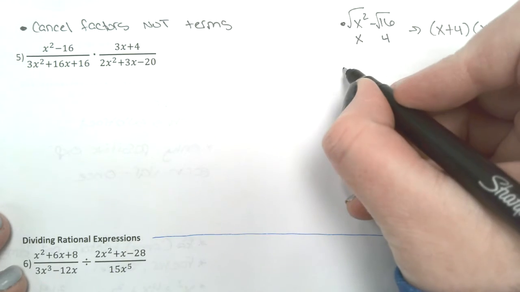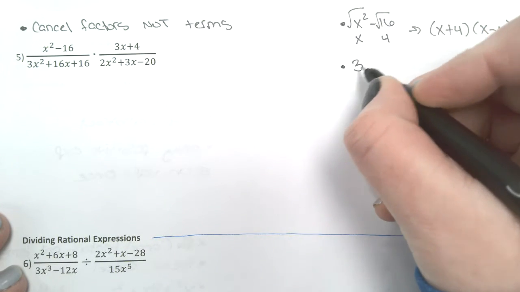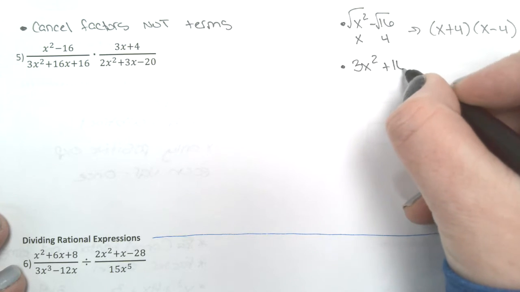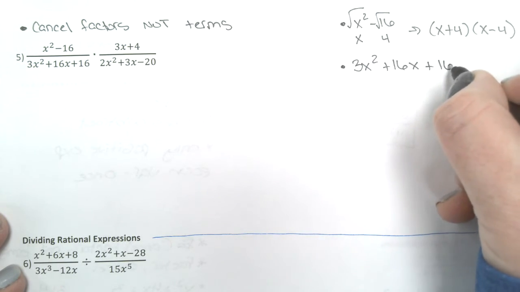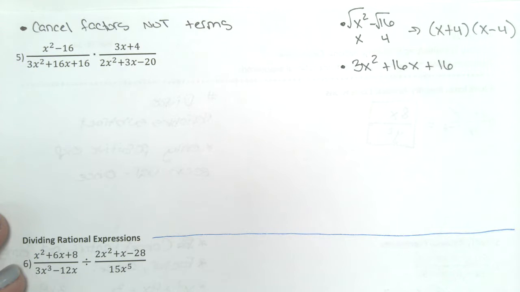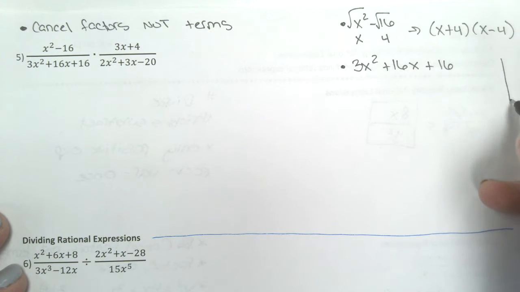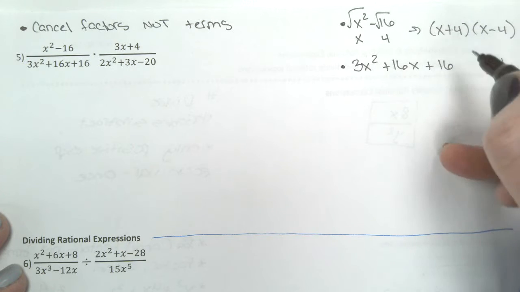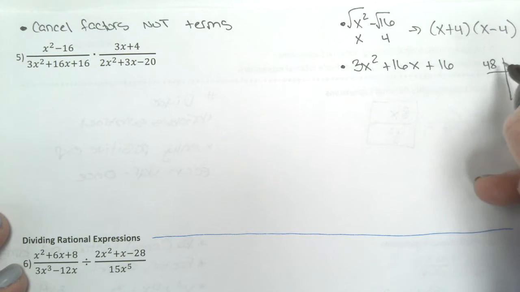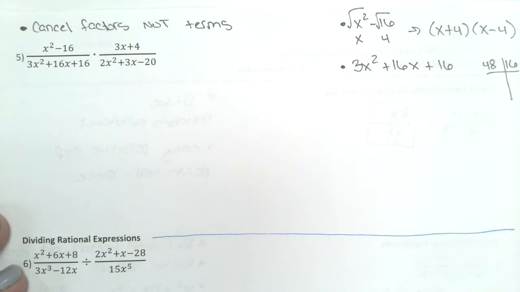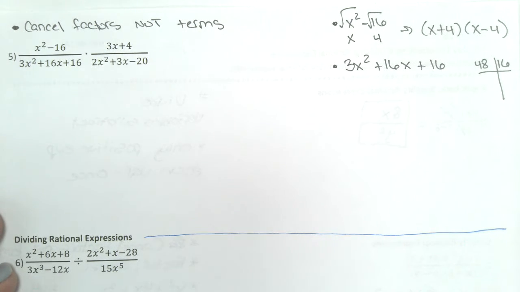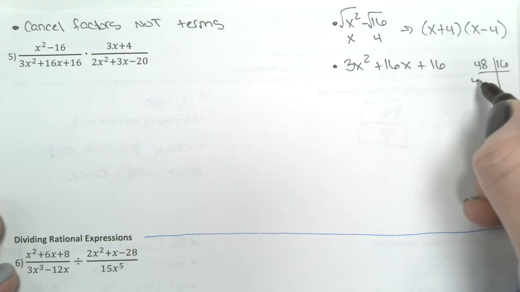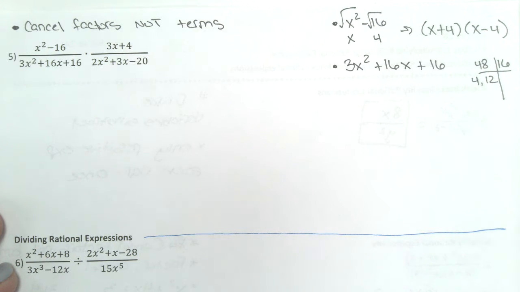All right, the next one, I need to factor 3x squared plus 16x plus 16. I'm going to make an ACB chart, and I need factors of 48 that add up to 16. And let's see, 4 times 12 is 48, and that adds up to 16.